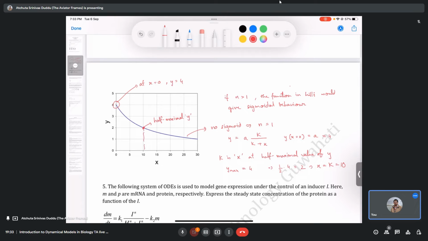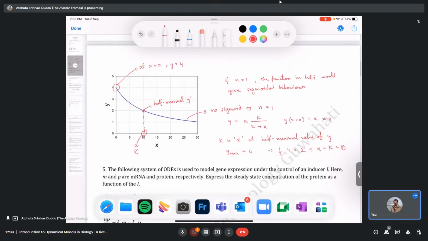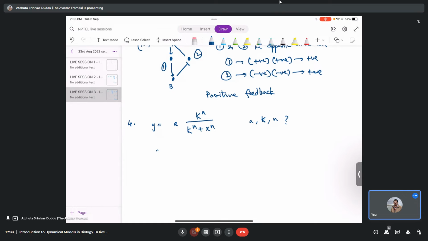Right, so we have 10 as the value of k. So that is for the fourth. Let's just write n equal to 1, since no sigmoidal behavior.